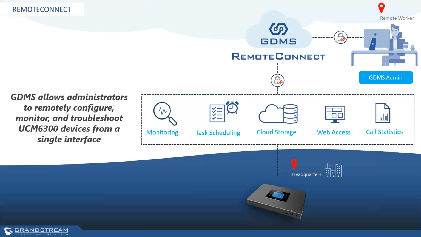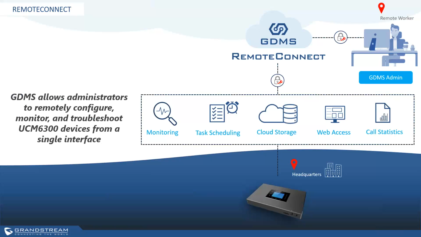And there are many things that you can do once you pair the UCM to GDMS. You can monitor the UCM. You can schedule tasks like upgrade, reboot. Another advantage that is used with GDMS and the UCM6300 is the cloud storage.